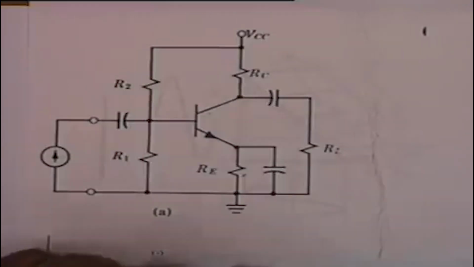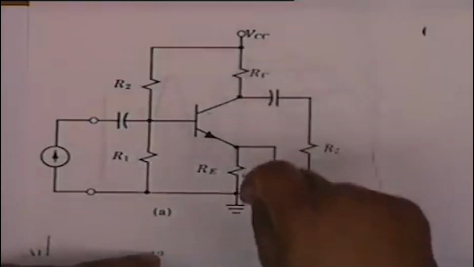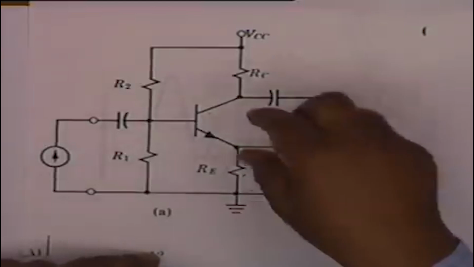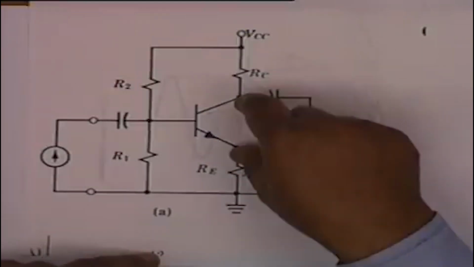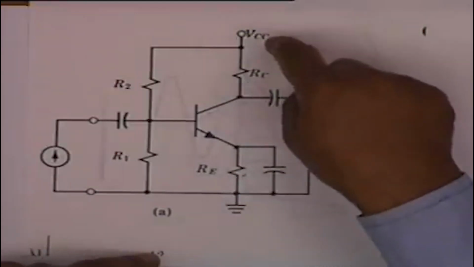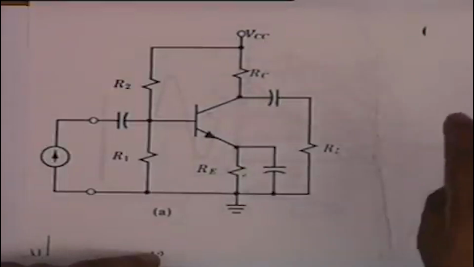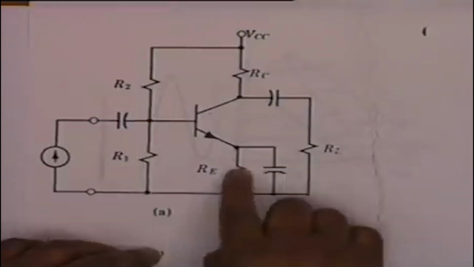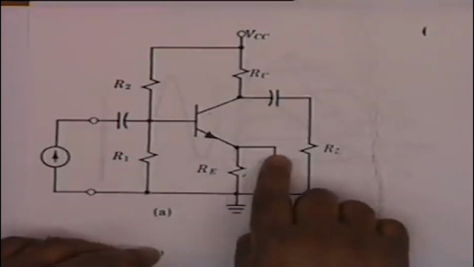Because, for DC, the effective load is RC plus RE. For DC, VCE, as we said, is equal to VCC minus collector current multiplied by RC plus RE. On the other hand, for AC, RE is shorted.